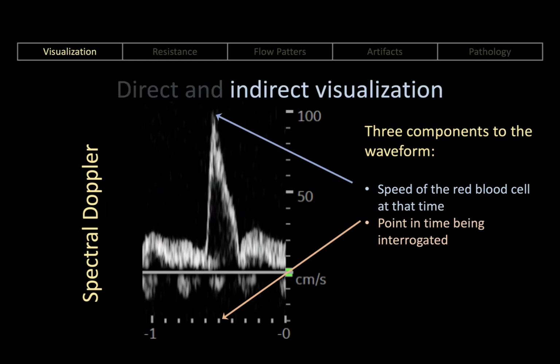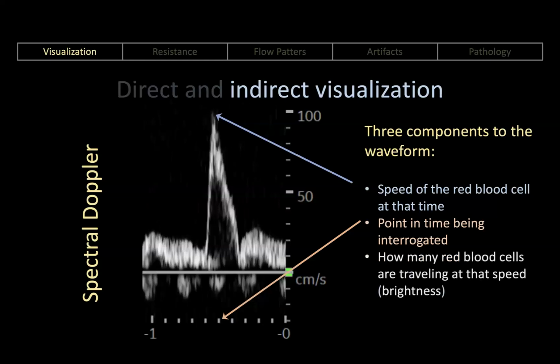So those are two components that make it up. The third component is how many red blood cells are traveling at that speed at that particular time, and that goes into the brightness of the image. The brighter the portion of the spectral Doppler image, the more red blood cells are traveling at that particular speed at that particular time.